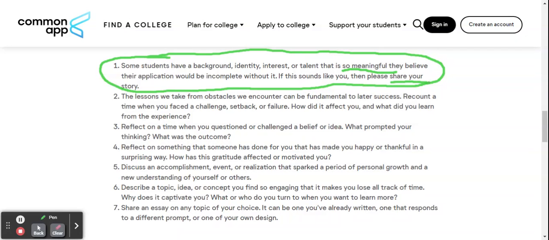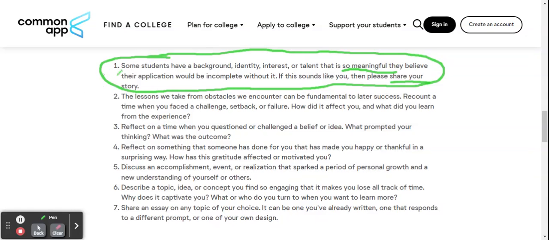So first of all, they are looking for you to actually show with concrete examples how your background, your identity, your interest, or your talent really has made you who you are, made you the character that you are today.